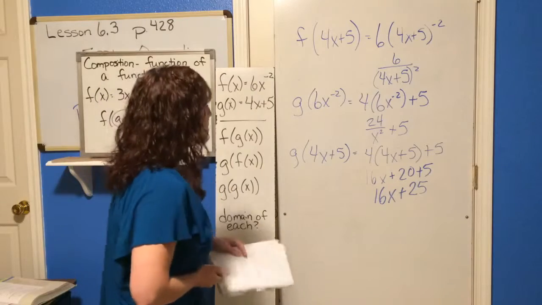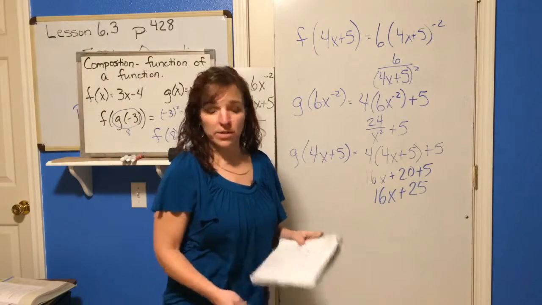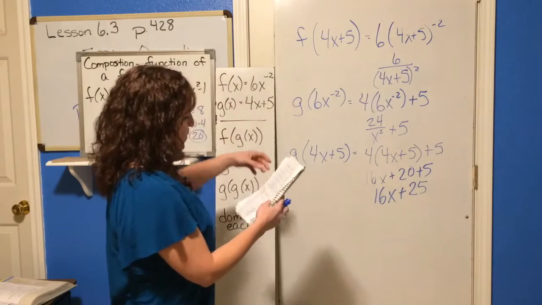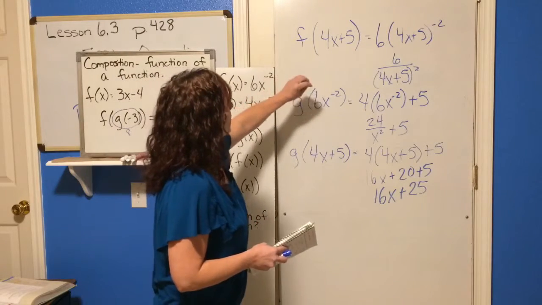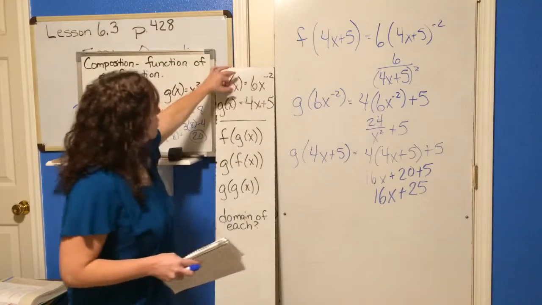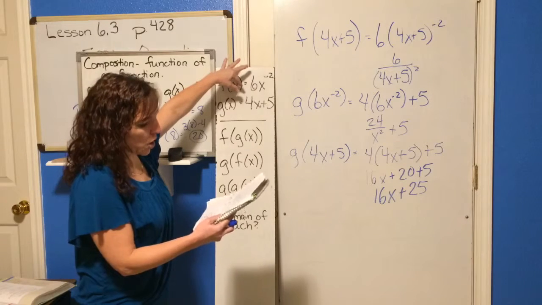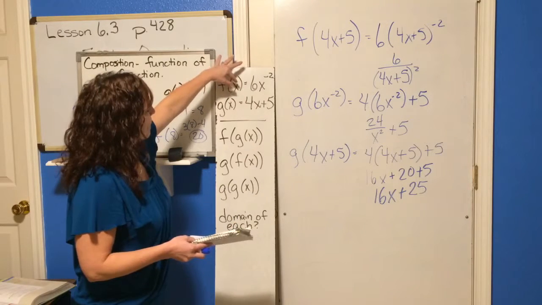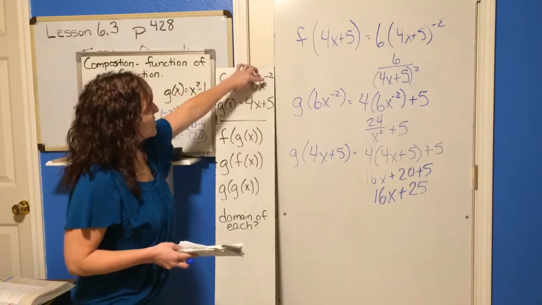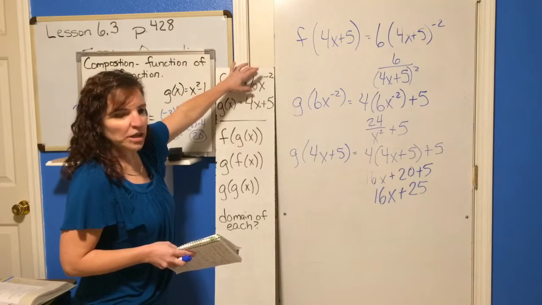Okay, so the last part of this is, well, now we've got to make sure that we know what our domain is on each of these. So, let's see, on the first one, first of all, we look to see, there's not any fractions in our exponents.